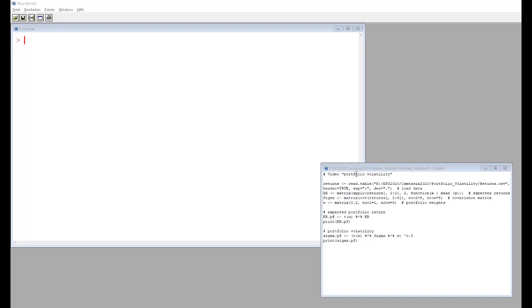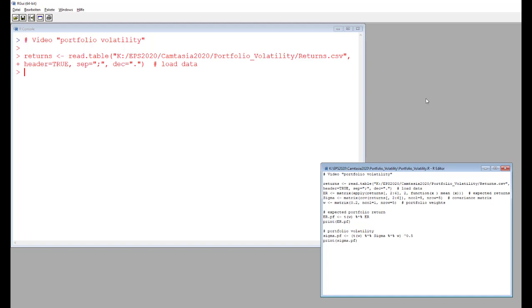I execute the pre-written code in the R console, which you can see here. So this is our code for the video that we are just watching, and I first load the data.